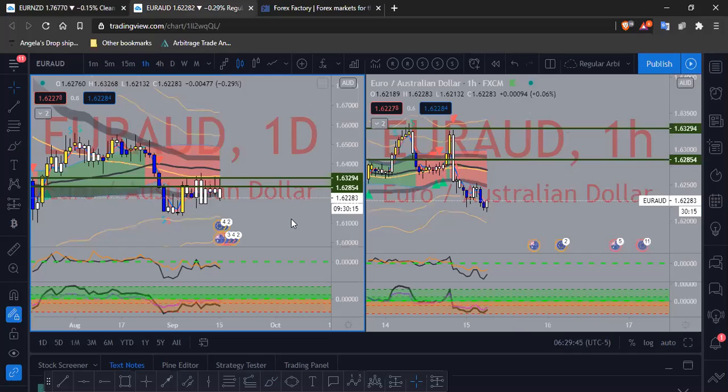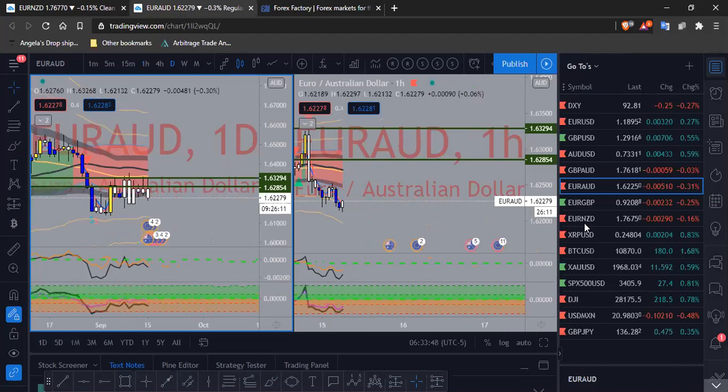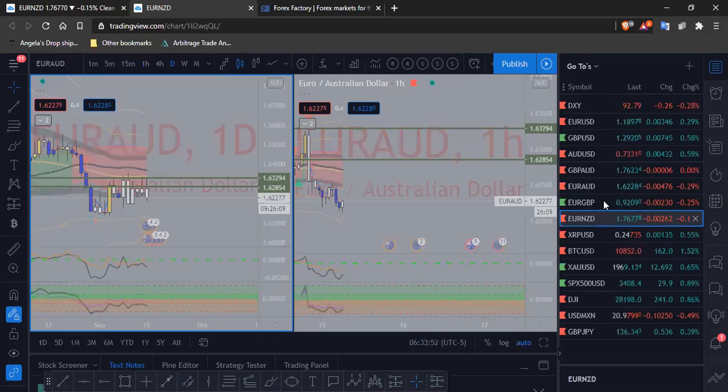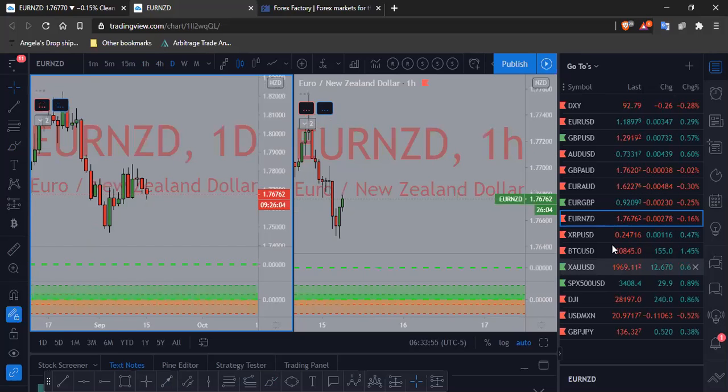So waiting for that. Let's go on to EURNZD over here. And I gotta go back to EURGBP to check it out on arbitrage, but I'll do that right after this.